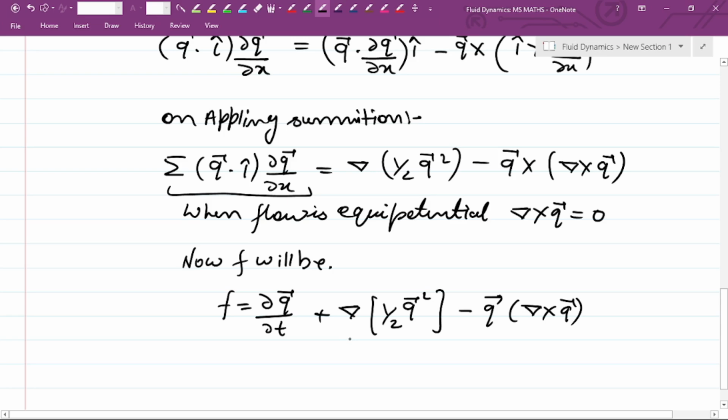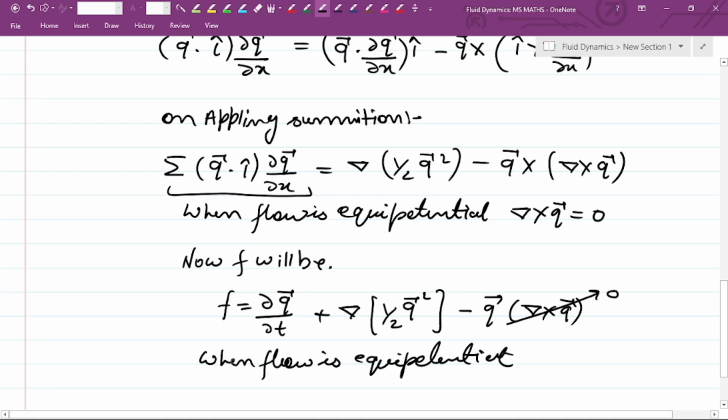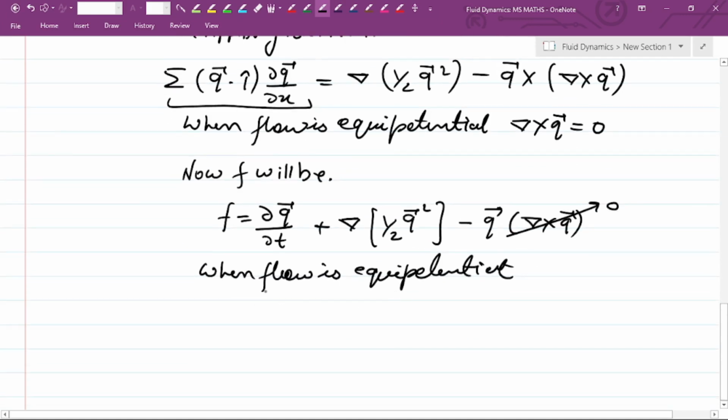But when flow is potential, that we have already written, this thing will be 0. So basically F is dou q vector upon dou t plus del into 1 by 2 q vector whole square.